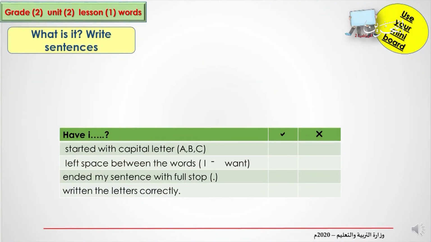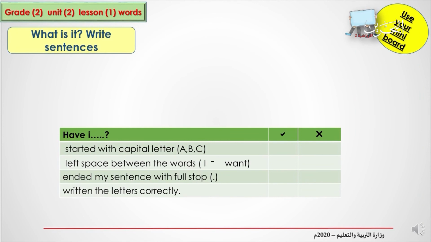So look at this table. Before you start, you have to put in mind that you start your sentences with a capital letter. And you leave space between each word. And you should end every sentence with a full stop.